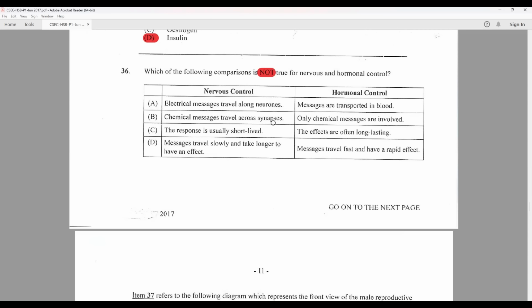That's also true. The response is usually short-lived. That's true. Messages travel slowly and take longer to have an effect. Oh, no, that's not true. Let's make sure the next side corresponds to being not true as well. Messages travel fast and have a rapid effect. No, that is also not true. So 36 is D.